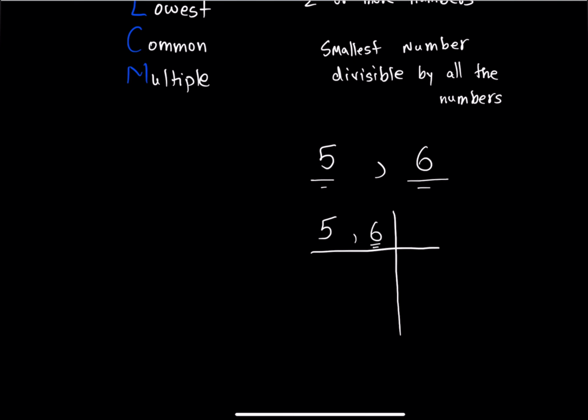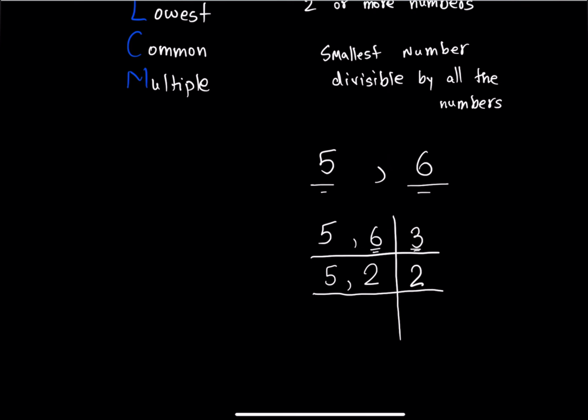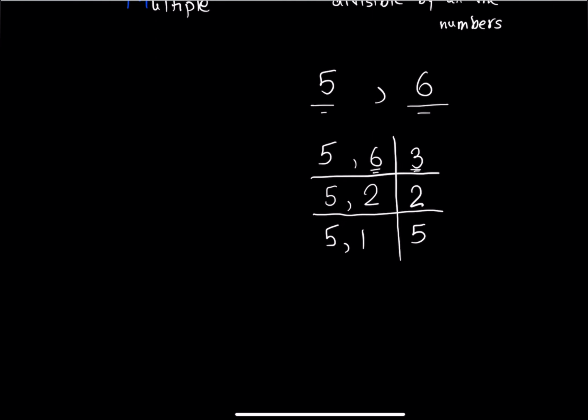So 6 has the factor 3, so we have 5 and 2, because we're dividing 6 by 3. So that gives us 2. Now we have prime numbers, so we're just going to put in 2 right here. So that gives us 5 and 1. And lastly, we have 5, so we have 1 and 1.